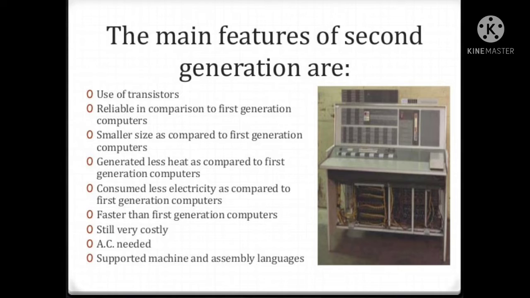Now we are going to see some characteristics and capabilities of second generation computers. In that, first, size, smaller than first generation computers. Speed, relatively fast as compared to first generation, 1000 instructions per second.